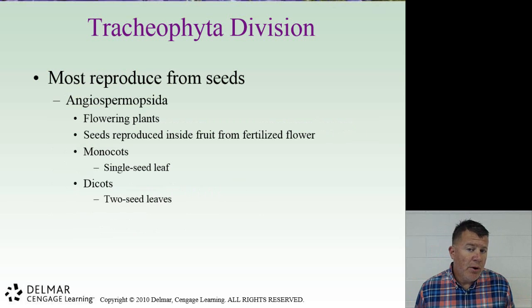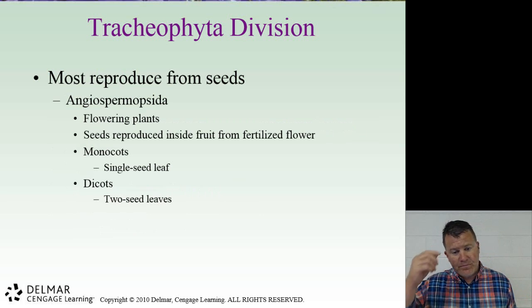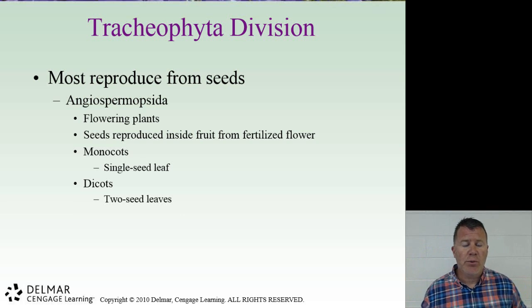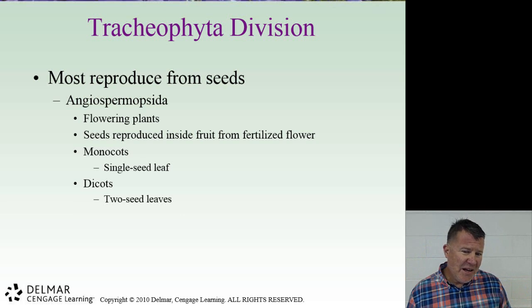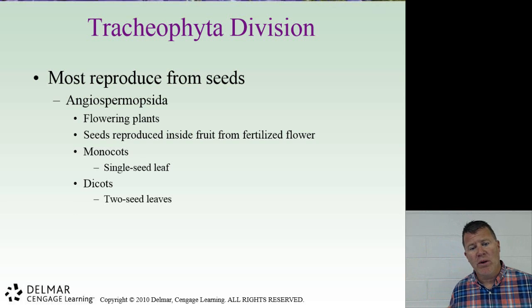The angiosperms, these are your flowering plants, and the seeds are reproduced inside of a fruit from a fertilized flower. So pretty much, anything that you see blooming, guys, these are your angiosperms.